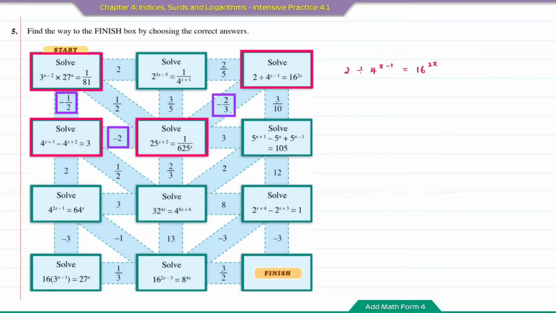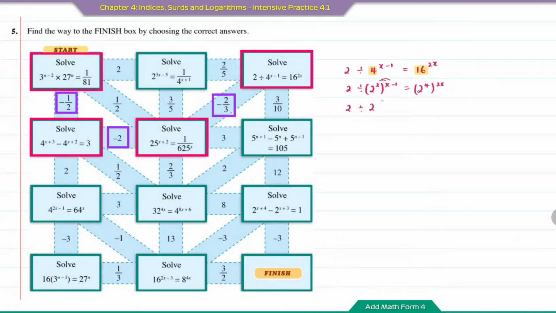2 divided by 4 to the power of x minus 1 equal to 16 to the power of 2x. So the number 4 and 16, we can change it to the number in base 2. So 4 is 2 squared, 16 is 2 to the power of 4. So next, I'm going to multiply the power here.